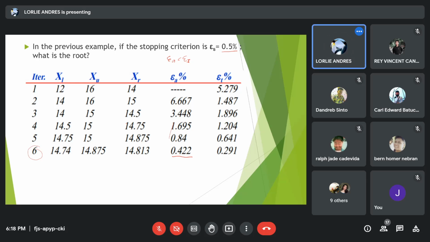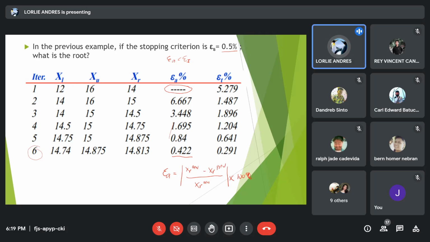We have no approximate percent relative error during the first iteration because we have no previous value. Remember, the formula for our approximate percent relative error is equivalent to the absolute value of x sub r new minus x sub r previous, divided by x sub r new, multiplied by 100%.